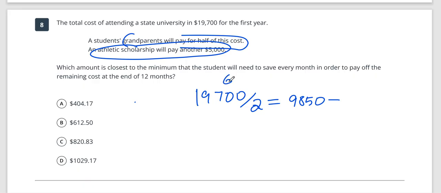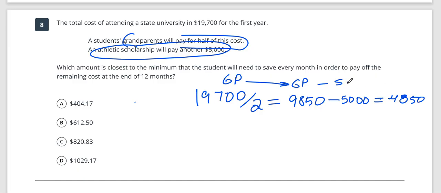Okay, this is the grandparents. Now they continue going. They're going to subtract the scholarship, which is 5,000, which gives me 4,850.